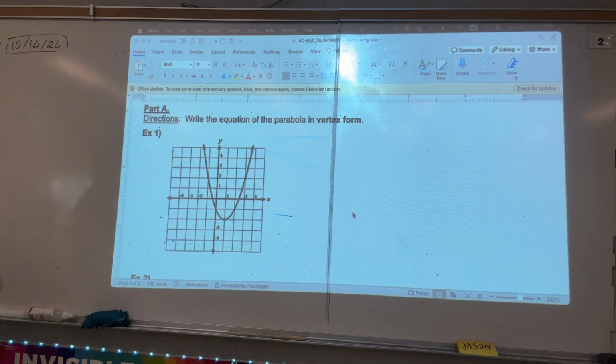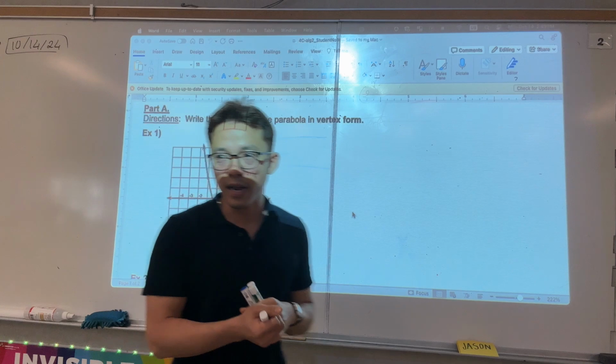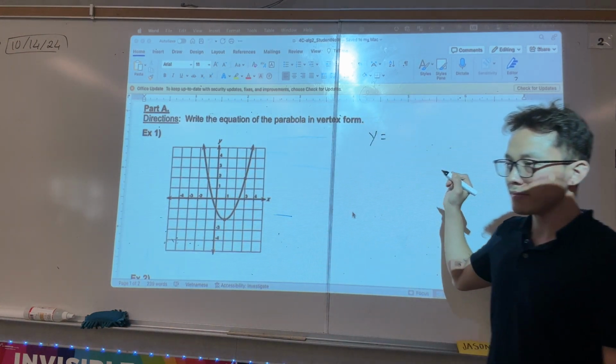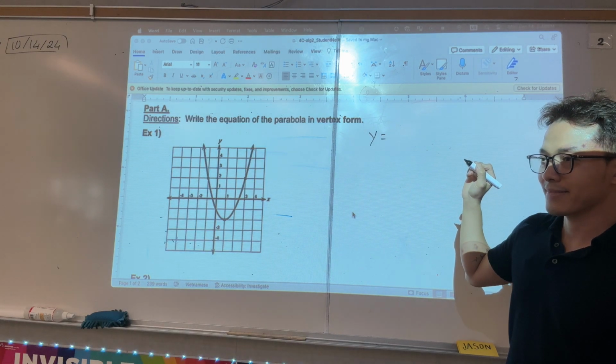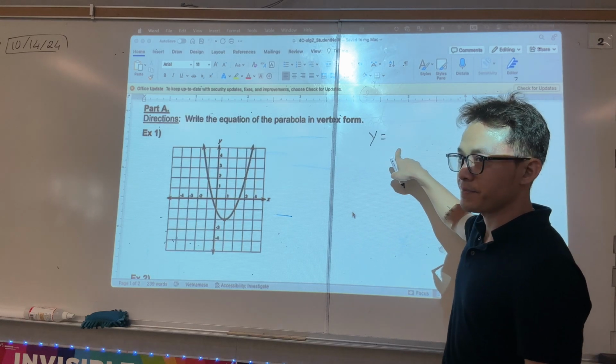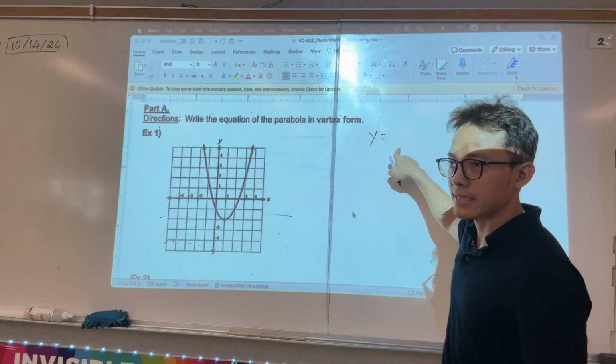So vertex form. Can someone tell me what the vertex form looks like? Sasha, let's go. Y equals? No, just general. What does the vertex form look like? No, that's linear.